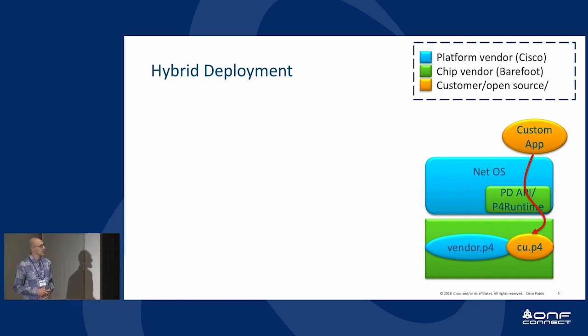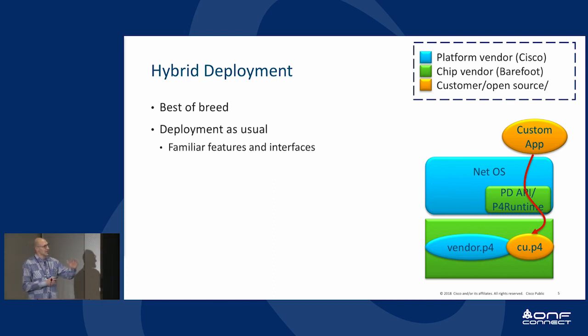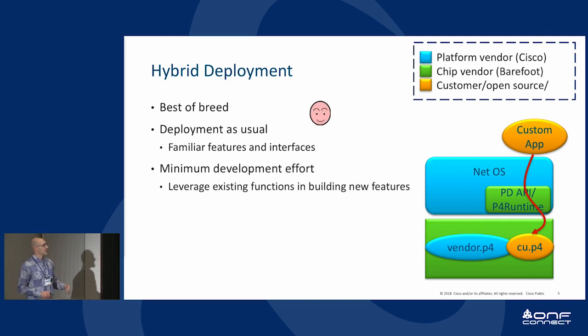In this case, we have a best-of-breed solution where, on the one hand, customers can start deploying the device as usual. They might start taking advantage of the INT feature, and then they can add new functionalities.